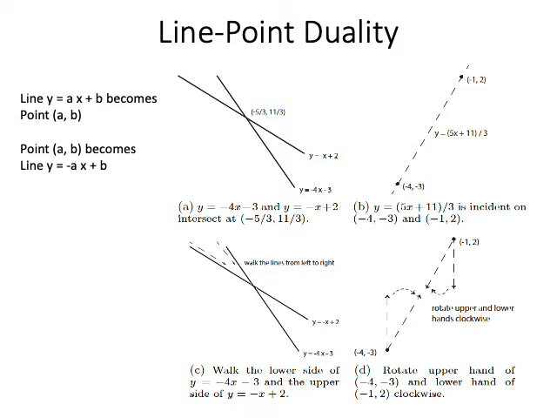It points at 6 o'clock at the beginning, and then it rotates until it points at the other line. When the upper side and the lower side become the two hands, and the two hands line up in the dual space, they become the dual of the intersection point.